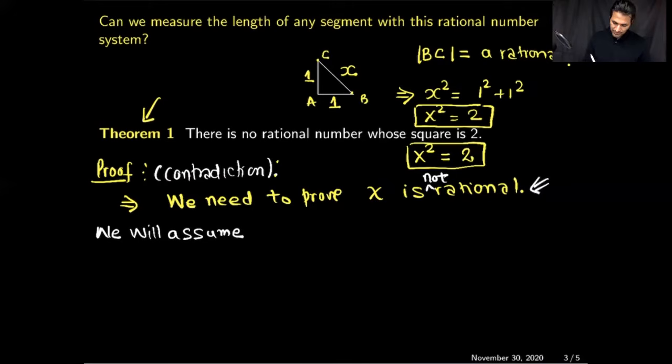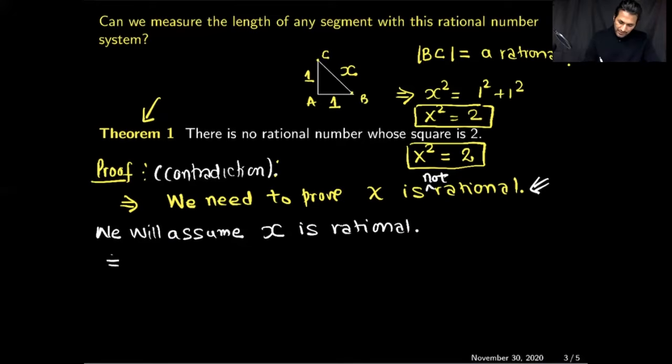So we will assume x is rational. So I assume that x is rational, and then I will prove some contradiction, that this statement should not be true and cannot be true.